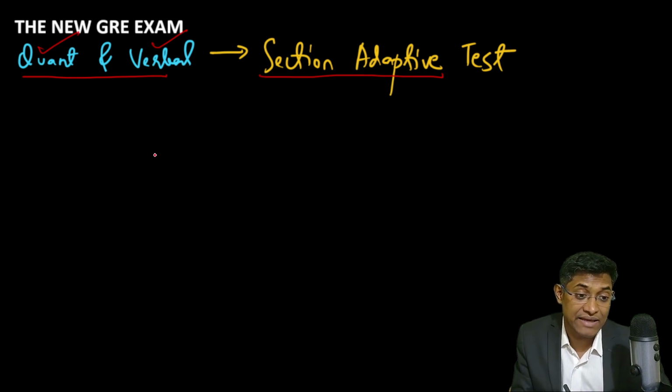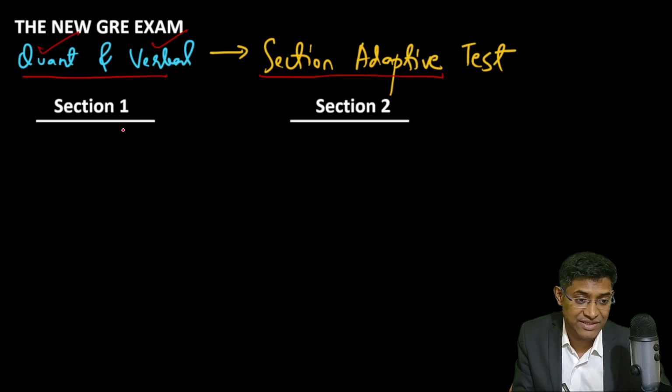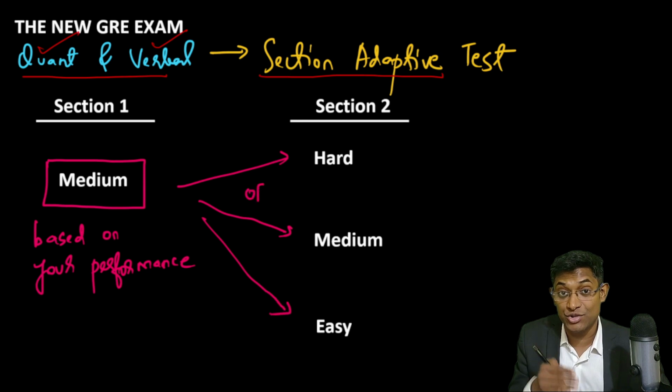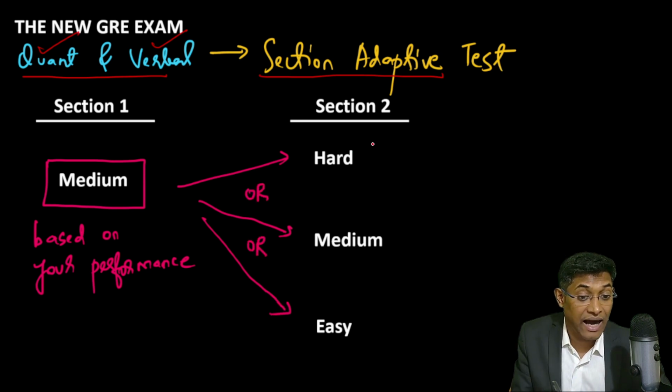Now, when we say that these are section adaptive in nature, what we mean is that first, you will be given section 1, which will be of medium difficulty level. Now, based on your performance for section 1, in section 2, you will either get a hard test or a medium test or an easy test. So it will depend on your performance in section 1.